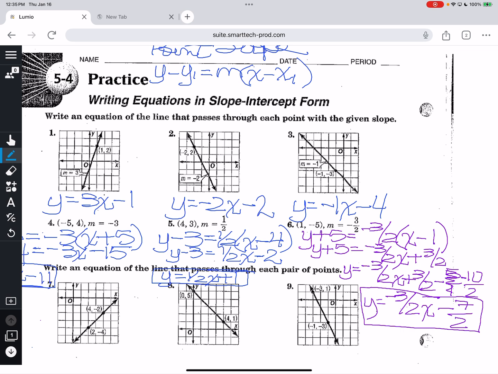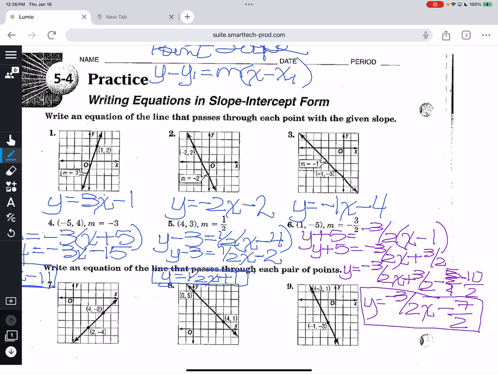Okay, guys, 7 over 2. What is that as a mixed number? Negative 3.5. Which is, what is a fraction? Mixed number, not a decimal. 2 and 6/7?